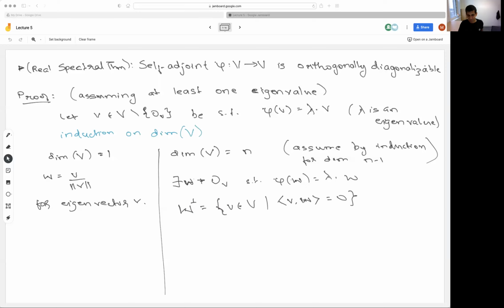This is also a space that appears in the homework, I think. So maybe you already saw this kind of space. And I think one of the problems in homework is to show that such a space is a subspace.